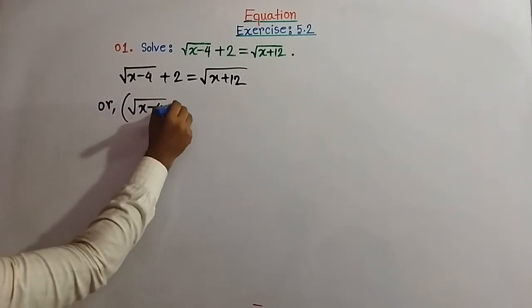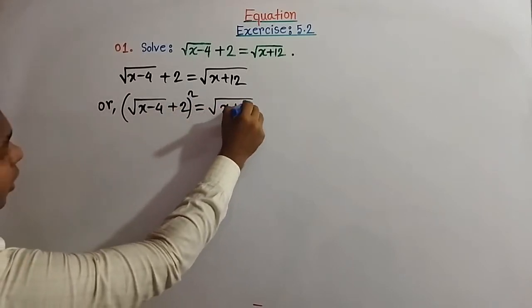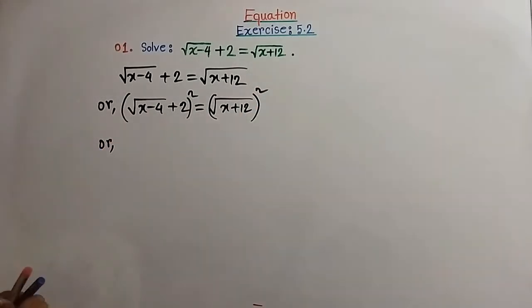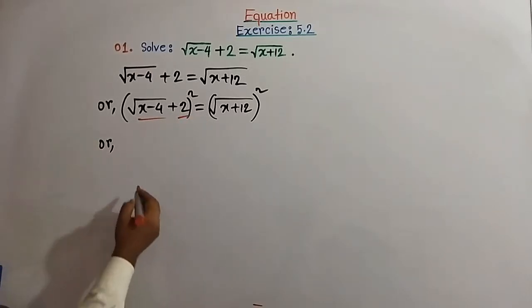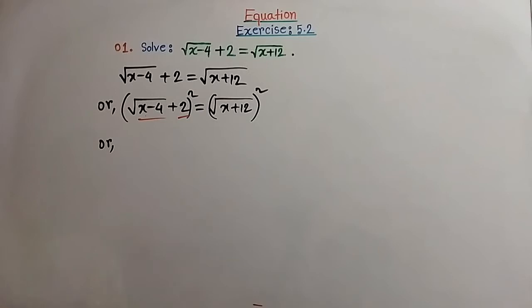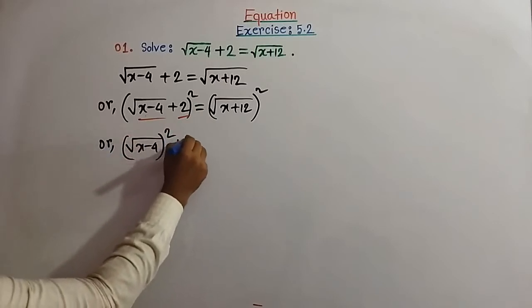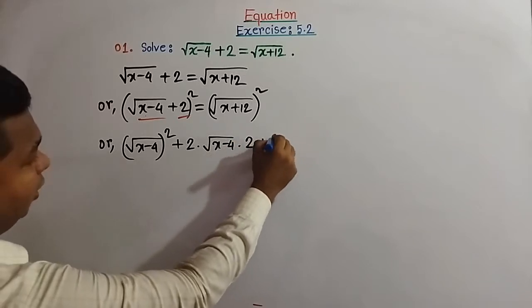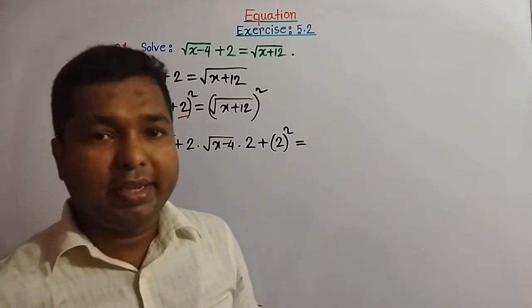So by squaring on both sides, we will get square root of x minus 4 plus 2, whole square, equal to square root of x plus 12, whole square. Here we compare square root of x minus 4 as a and 2 as b. Then a plus b whole square. You all know the formula: a plus b whole square equals a square plus 2ab plus b square, equal to square root of x plus 12 whole square.